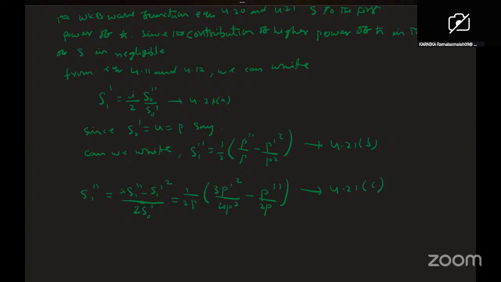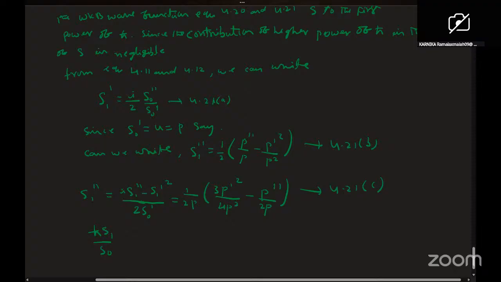Since we are restricting to the first power of h star, that is h star S1, this leads to the ratio h dot S1 by S naught.